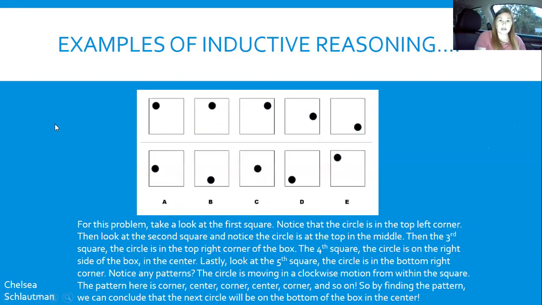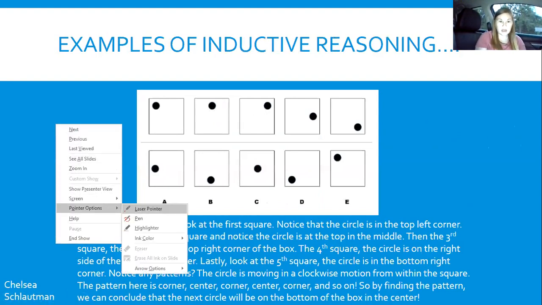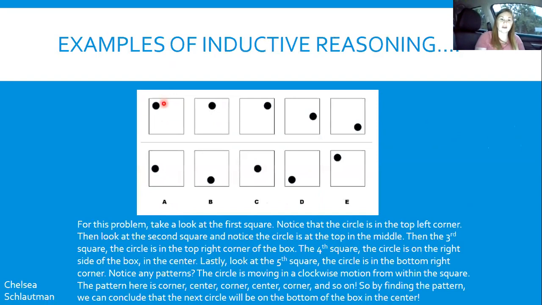And this is also another example of inductive reasoning. I'm going to get a pointer here. Okay, if you look at your first square, you'll notice that the circle is in the top left corner. Looking at the second square, the circle is in the top center of the square. In the third, the circle is in the top right corner. The fourth square, it is on the right center.